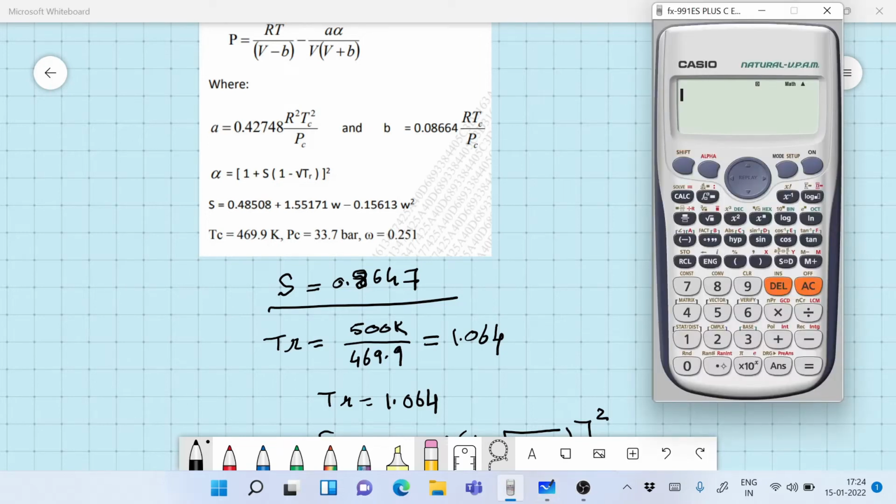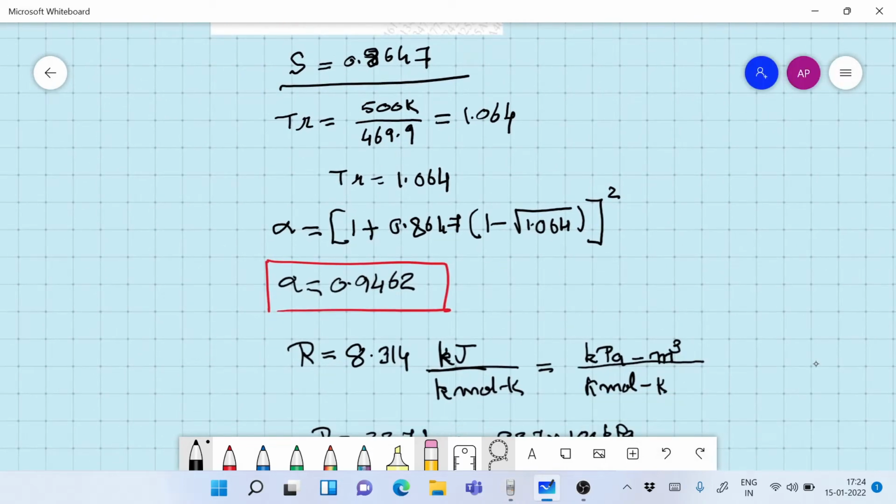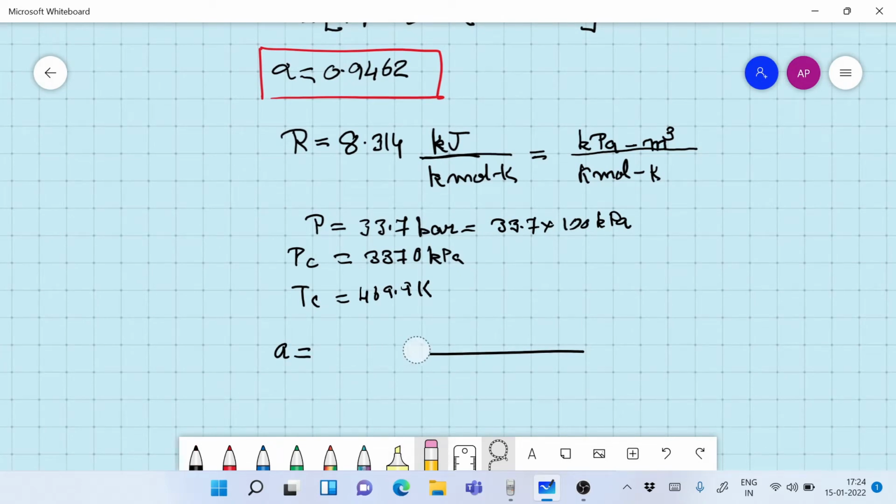So our trusty calculator comes out: 0.42748 into R square, 8.314 square, into TC square, that is 469.9 the whole square, divided by PC, that is 3390 the whole square, and we get it as 0.5677.